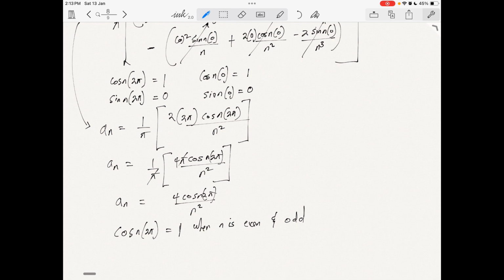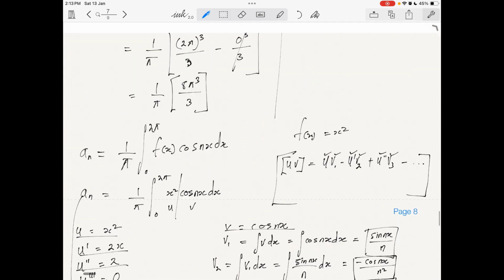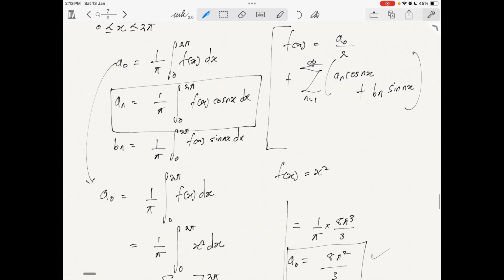Therefore, we can say that an is equal to 4 over n squared. Now we have evaluated for an and we have as well evaluated for a naught. The next thing to do is to evaluate for bn.